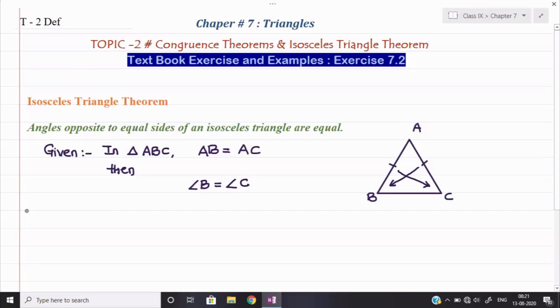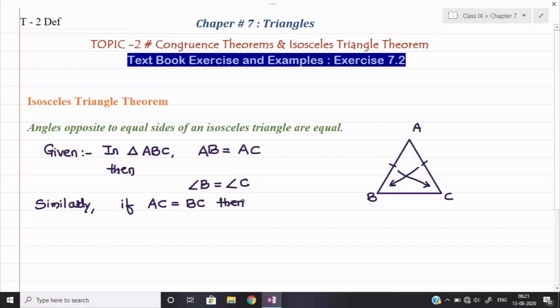Similarly, suppose I change the equal sides. Suppose I take AC and AB equal. Sorry, AC and BC are equal; AC and AB we have taken already. Then in that case, which two angles will be equal?